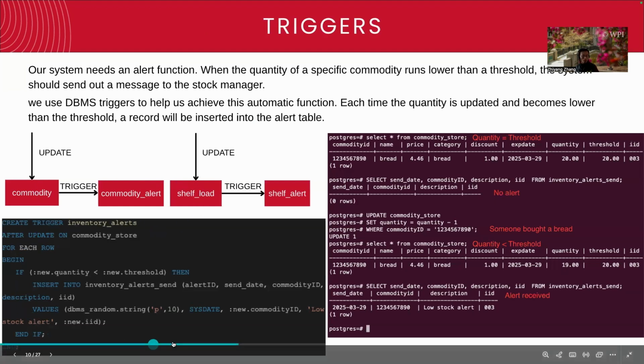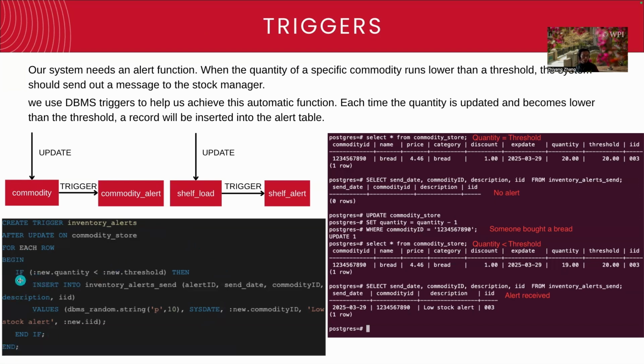This is our definition. It's very easy. Just an if statement to judge whether the new tuple's quantity is lower than the threshold. If so, the system will insert a tuple into the inventory alert table.